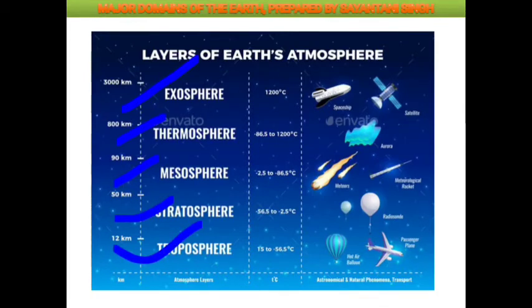The troposphere is the lowest layer in the atmosphere, and the exosphere is the highest layer. The troposphere is the most calm layer. In some video it will be discussed in detail.